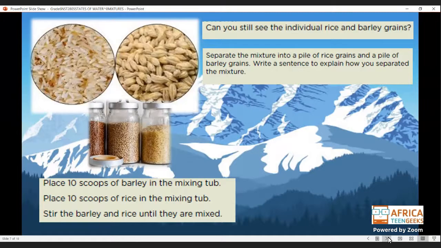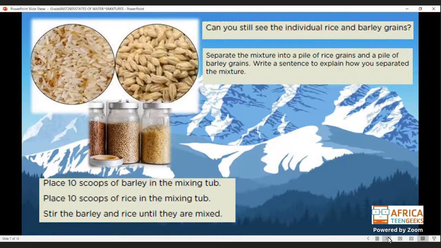Right, so how are we going to separate a pile of rice grains and a pile of barley grains? If we've mixed them together, how are we going to separate them? Very good. You very possibly need to hand sort them, because you can't sieve them since they're both approximately similar sizes because they are grains.